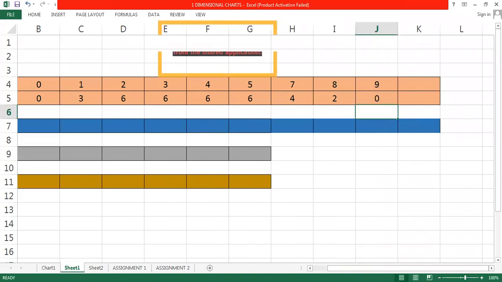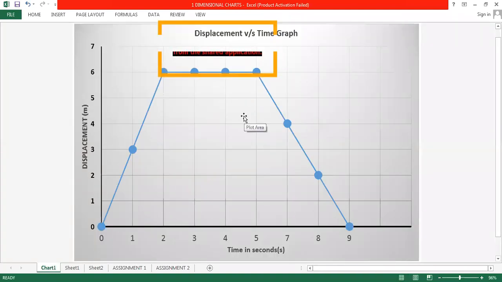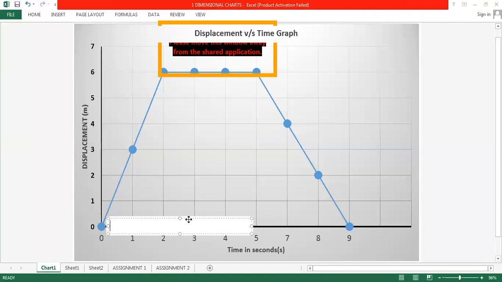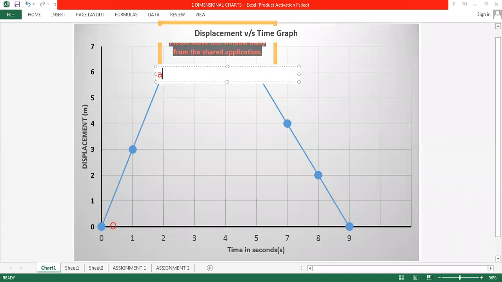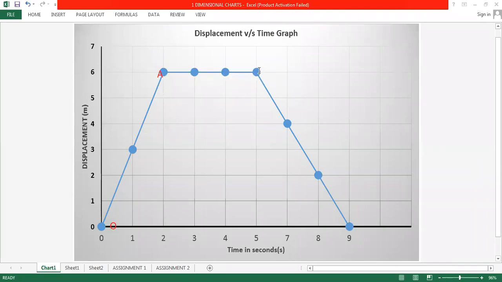Okay, chalo. Now quickly for the assignment, draw this graph. Okay, this is your graph. Now quickly label these points. This point is O. This point is A. This point is B. And this point is C. Label these points.